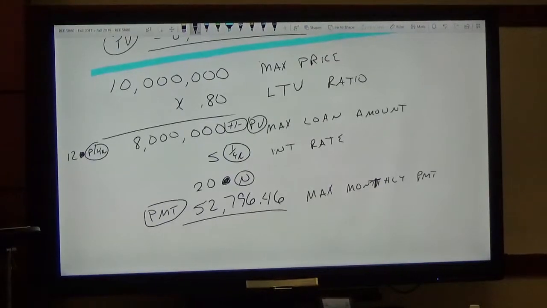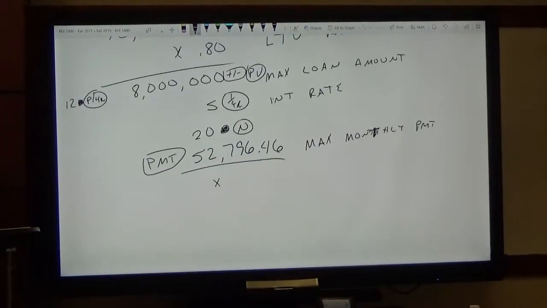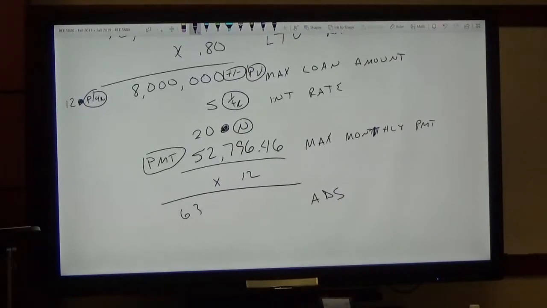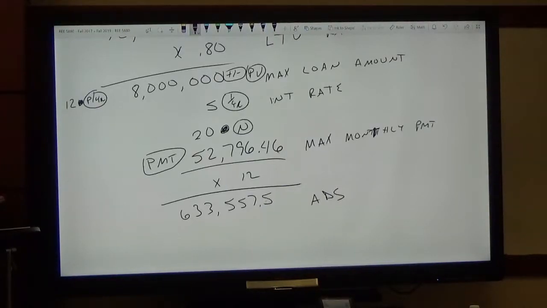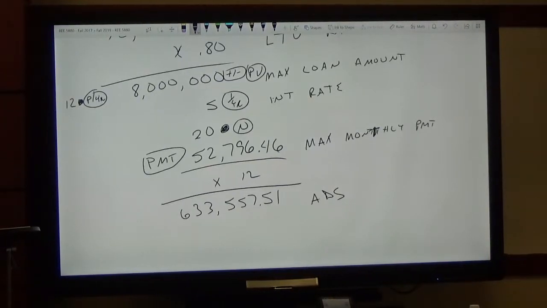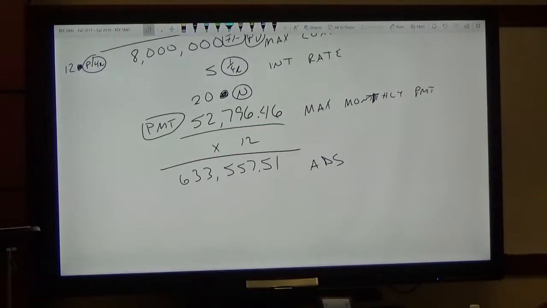For this loan. It's two separate problems, but they're going to be integrated in a second. Multiplying that times 12 to get our annual debt service would be $633,557.51. Okay? Everybody still with me? Yes. Okay? Now, this is where we begin to integrate some of this.